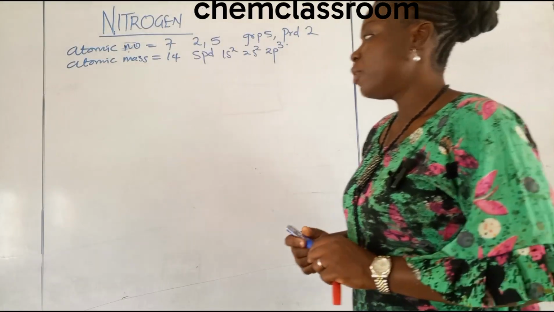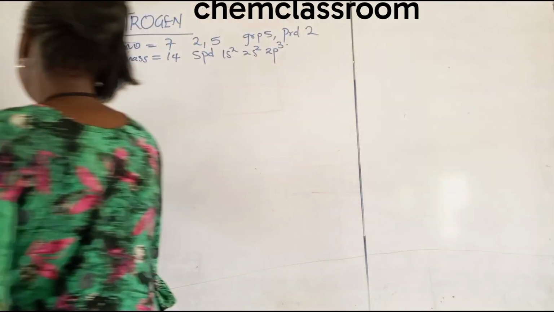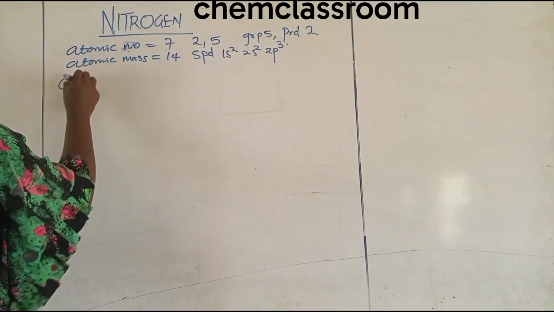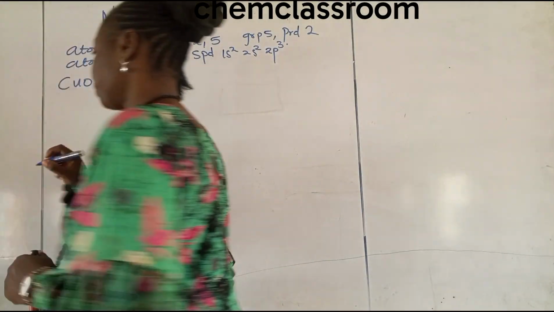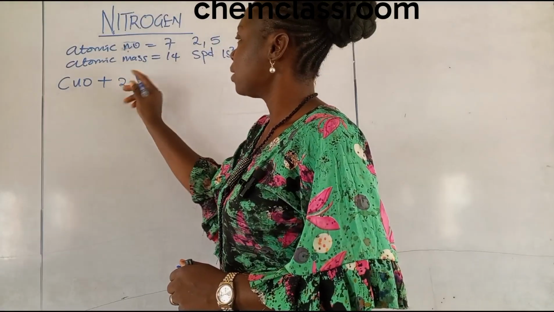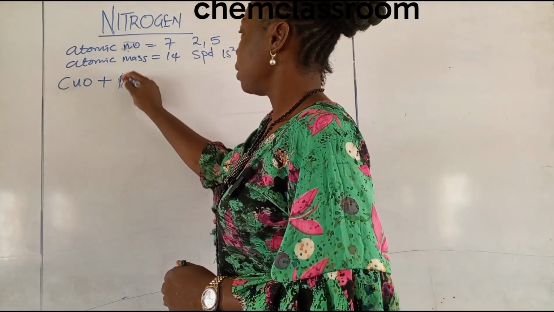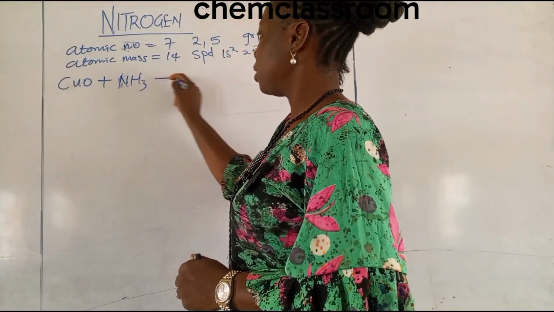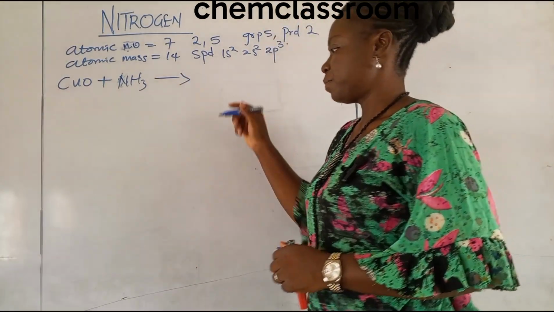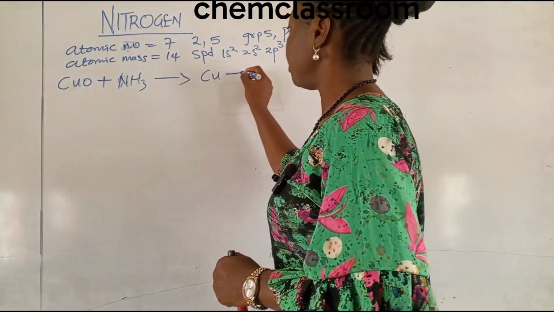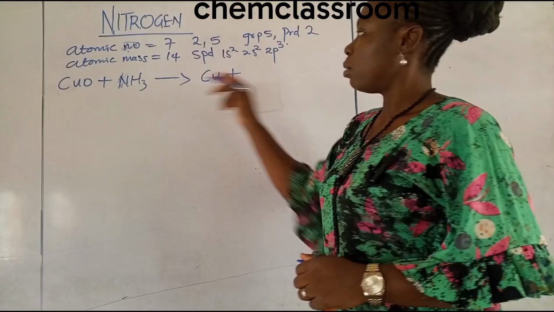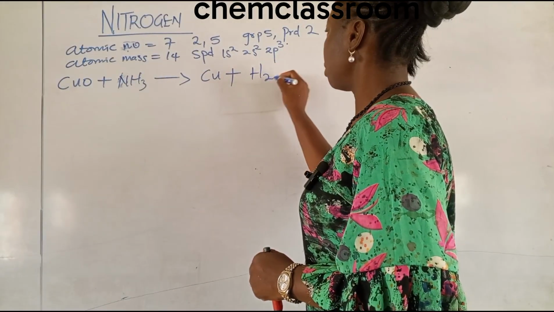So using the copper oxide and ammonia, plus ammonia, which is NH3. So we have copper plus what? We will have H2O.